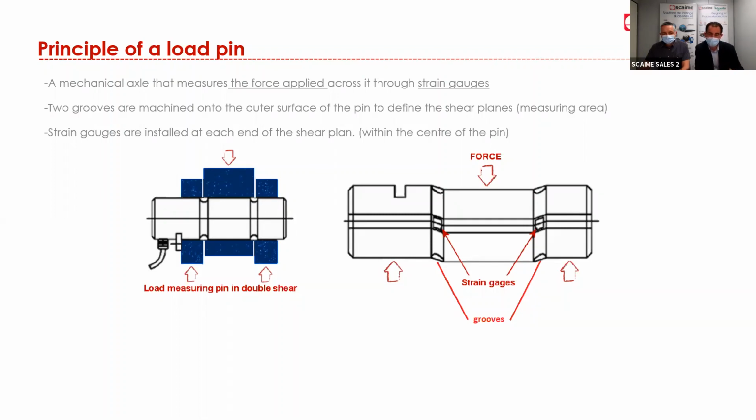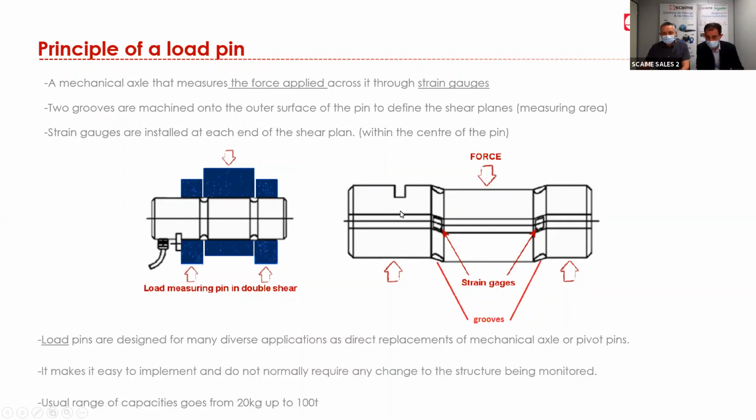In order to measure a deformation of the beam, we will generate a shear plan, a measuring area, where the force should be applied. And on each side of this measuring area, we will machine 2 grooves to generate a deformation section. Strain gauges will be installed at each end of the shear plan within the center of the pin, as you can see from this drawing.